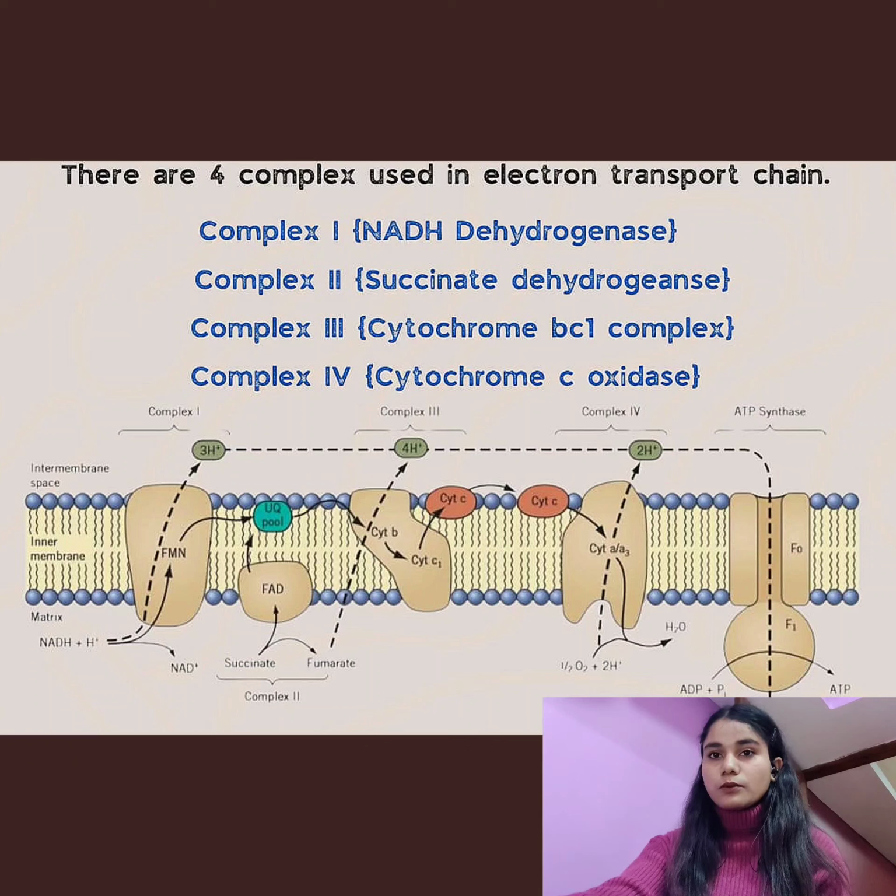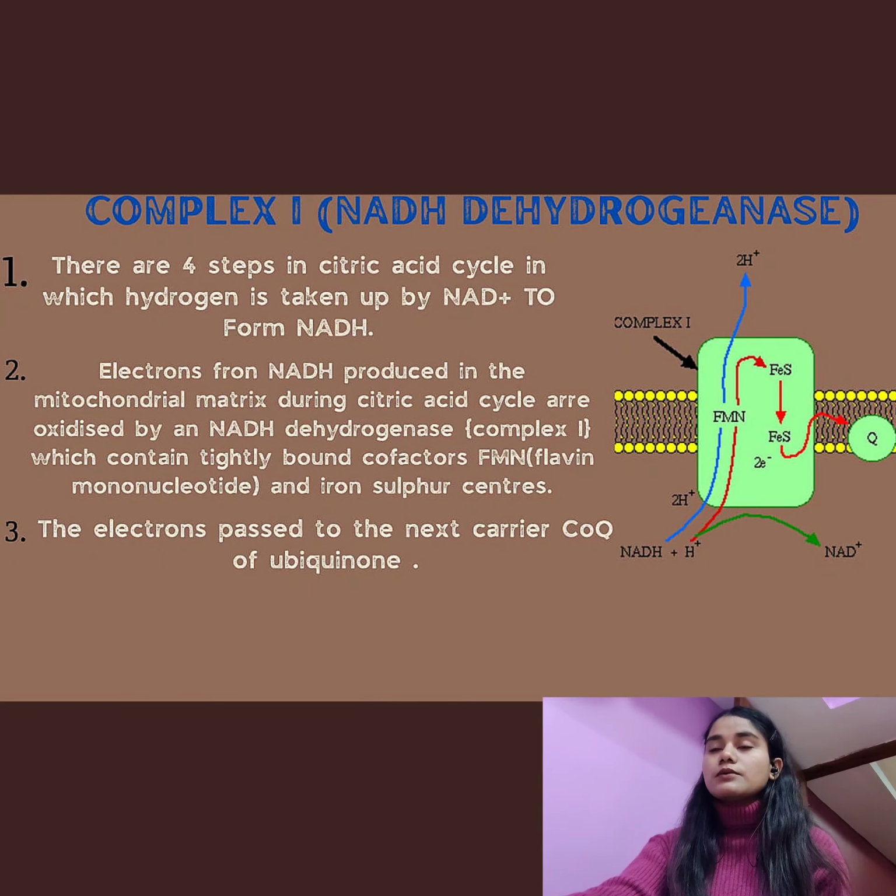That is, first is complex 1 NADH dehydrogenase, complex 2 succinate dehydrogenase, complex 3 cytochrome bc1 complex, complex 4 cytochrome c oxidase. So now we will discuss briefly complex 1, NADH dehydrogenase. There are four steps in the citric acid cycle in which hydrogen is taken up by NAD plus to form NADH.